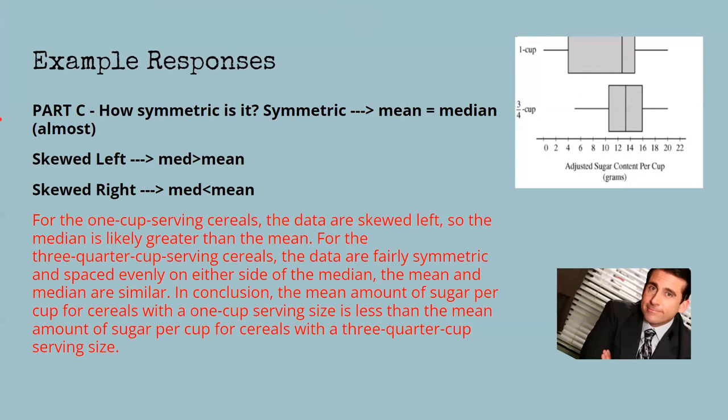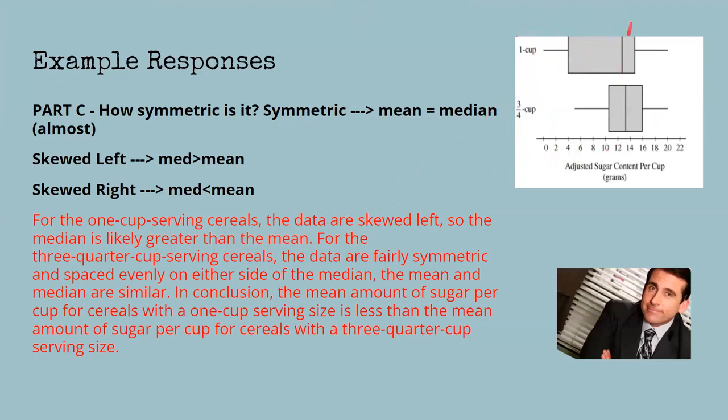So here's what we could say. For the 1 cup serving, so this top one, the data is skewed left. All right, we already know that, because it didn't change, this is the new graph, it didn't change. For the 3/4 cup serving cereals, so now we're down here, it's fairly symmetric. Oh, wait, sorry, I skipped something. Since it's skewed left, the median is likely greater than the mean.